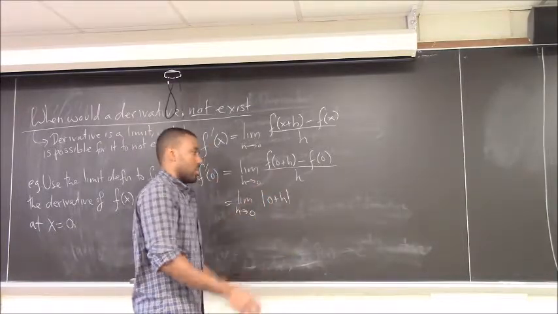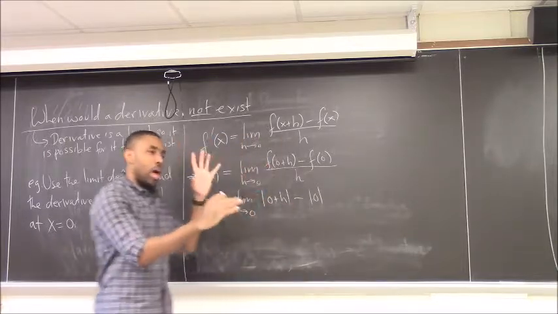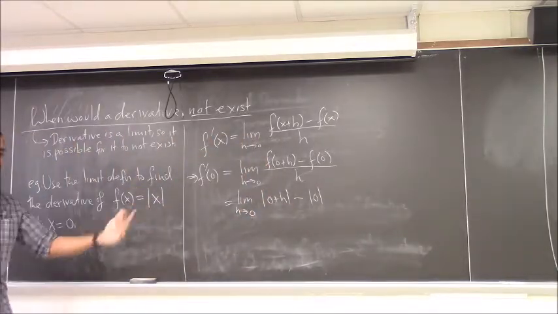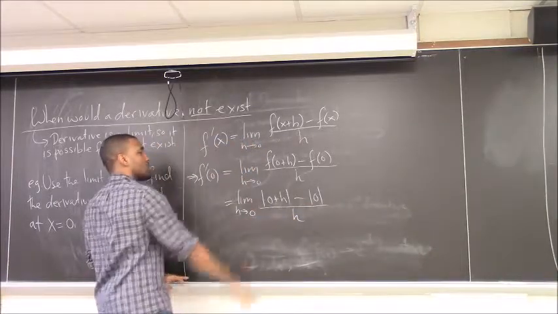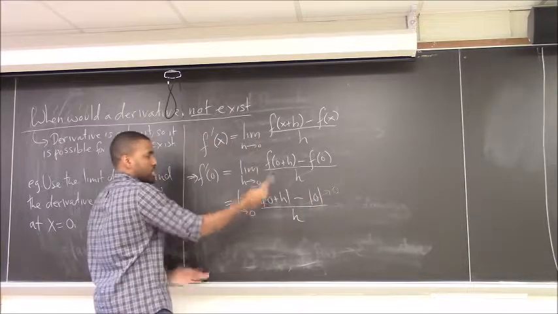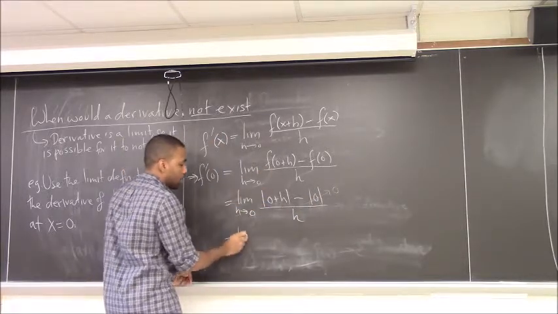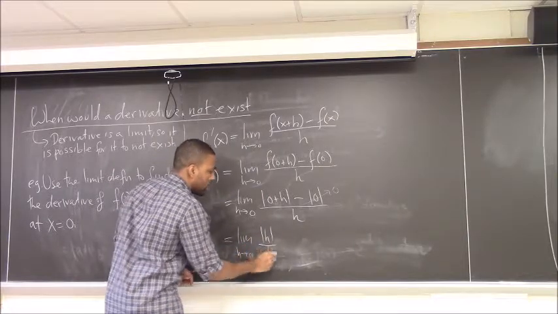Just replace all x's with whatever is inside; that's never going to change. What's the absolute value of 0? 0. And 0 plus h is just h, so this really comes down to the limit as h approaches 0 of the absolute value of h over h.